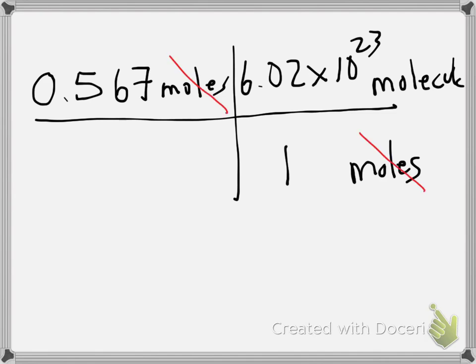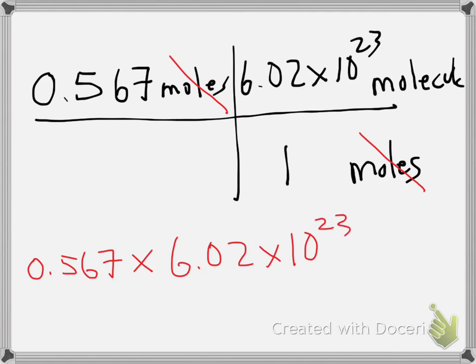Moles cancel, so you're basically multiplying 0.567 times 6.02 times 10 to the 23rd, and that will give you the molecules. Okay, I'll give you 15 to 20 seconds to do that problem, and we'll see if you get the answer.